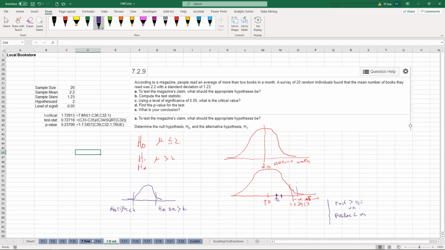From here we know how to do the upper tail on a t statistic, because two things: we had a sample size of fewer than 30, and we also had the standard deviation of the sample itself, not of the population. So we did Z and T. You can get the idea of how you would handle the opposite in each of these.